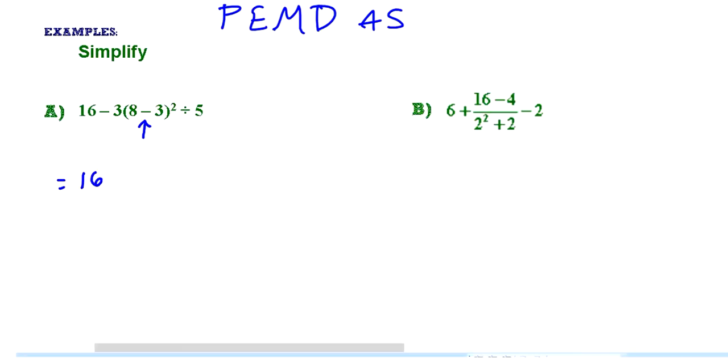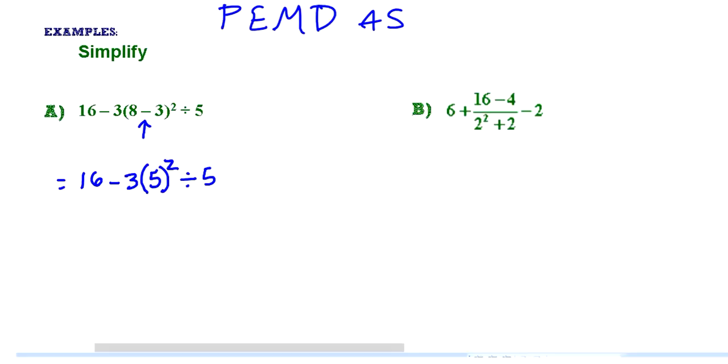We're not going to use the 16. We're going to bring that minus 3 inside the parentheses there, 5, bring that square. So don't forget any that you haven't applied yet. You want to bring it down every time. Don't just bring down the part you're working on. Bring everything down. So we did that part.